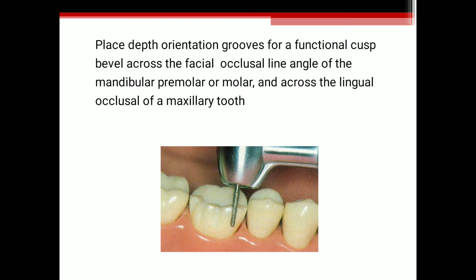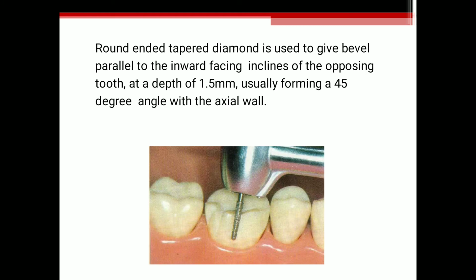After you make your occlusal preparation, keep the depth orientation grooves on the labial aspect of the premolar or molar with your round and tapered bur. Then the round tapered diamond bur is used to give a parallel to the inward facing inclines of the opposing tooth at a depth of 1.5 mm, usually forming a 45-degree angle with the axial wall.